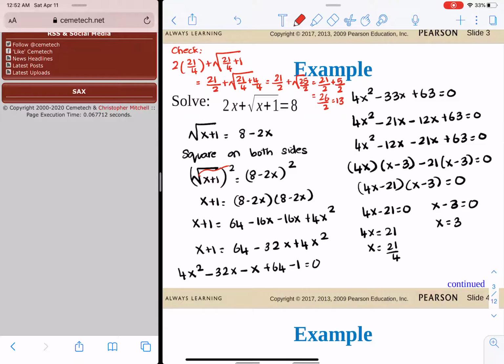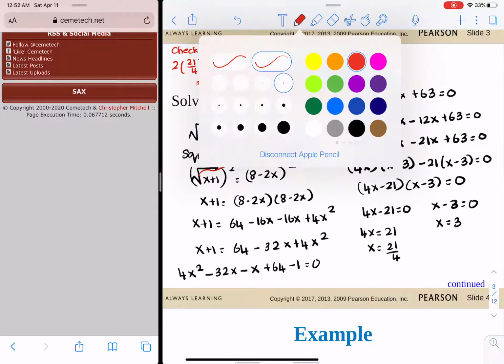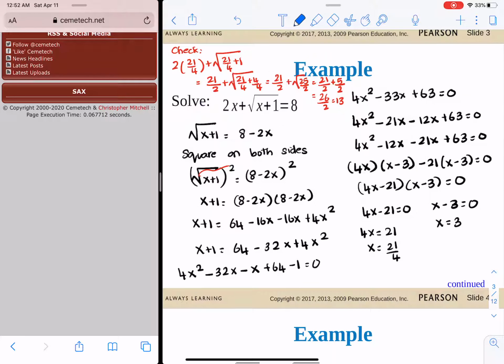So if we plug in negative 5 over 2, that isn't the case here, so it is not working, because when I plug in 21 over 4, I end up getting 13, so that is not a solution.